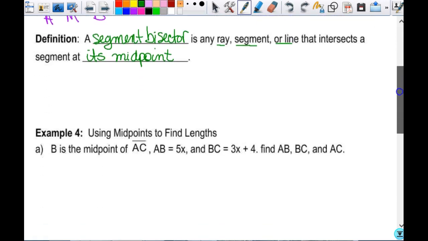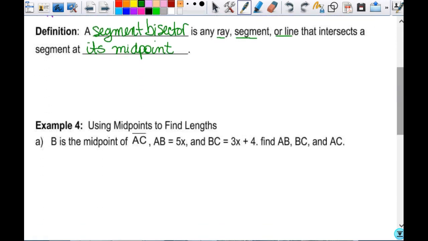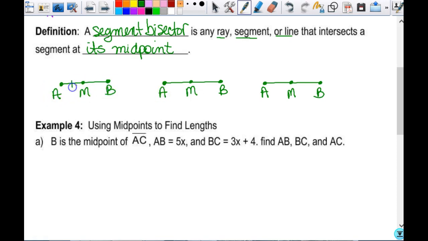So I want you to draw 3 segments, like this, and then we're going to name them all the same. D. So just make 3 segments that look like that.